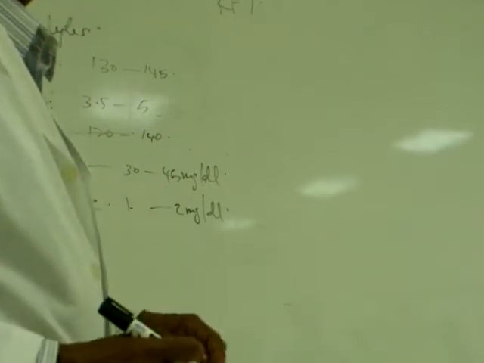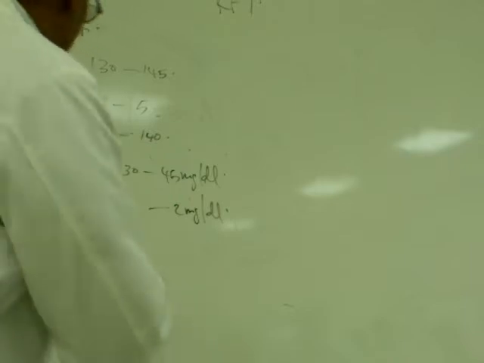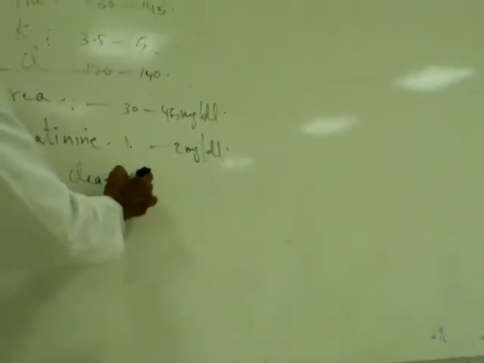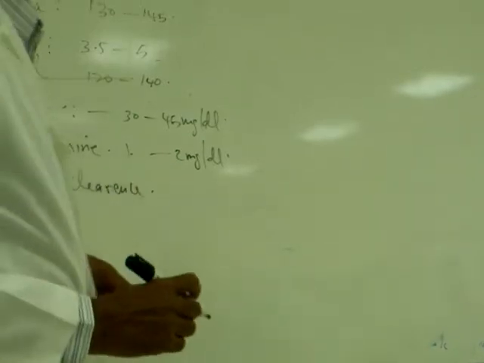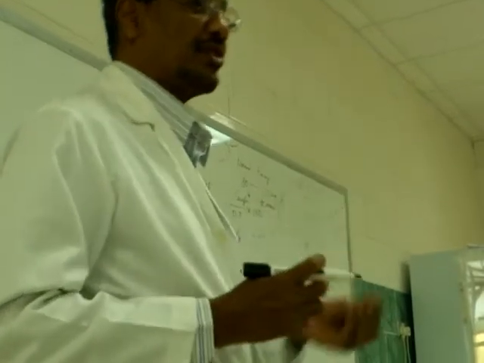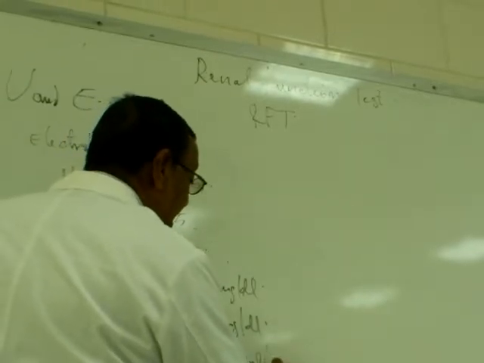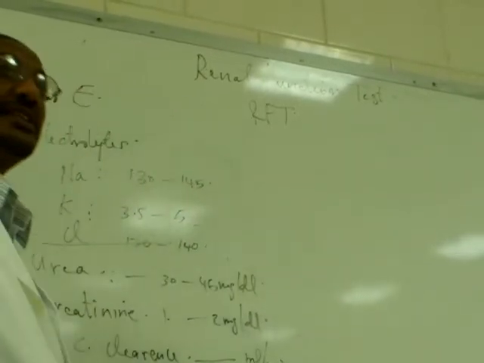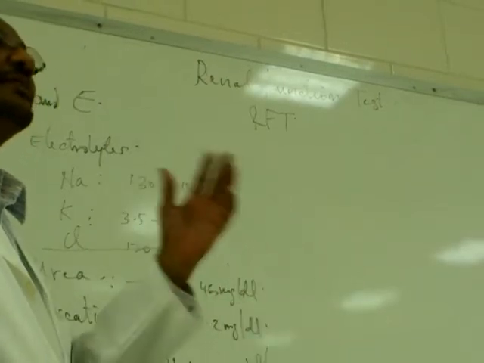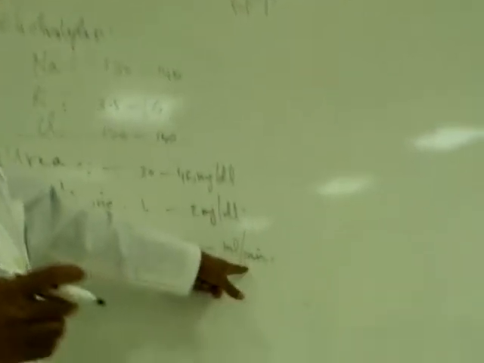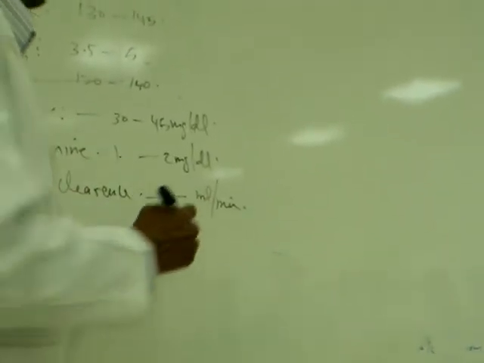In the creatinine, we will also see what we call CC, creatinine clearance. What's the creatinine clearance? It is the rate of glomerular filtration, in which we see in a normal person how many milliliters per minute are eliminated by the kidney.